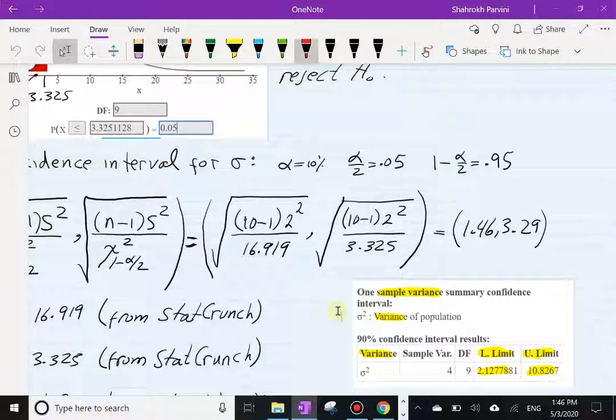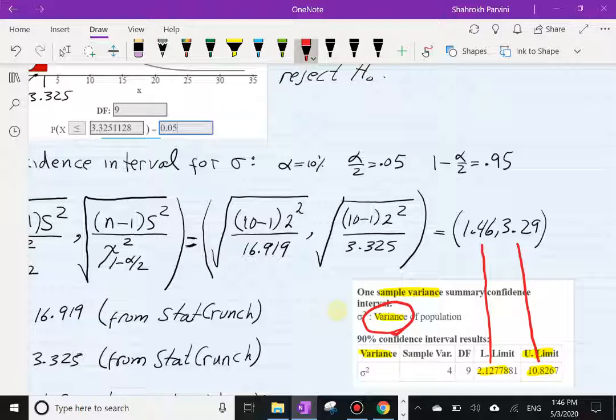Okay, and check this out. Look at these two. The upper limit is 10.8. We have 3.29. They are not the same. The reason, this is confidence interval. In StatCrunch, they gave us confidence interval for variance, not deviation.